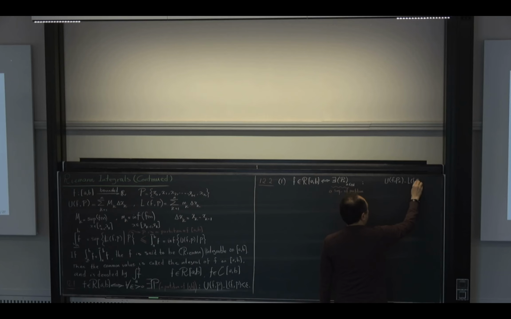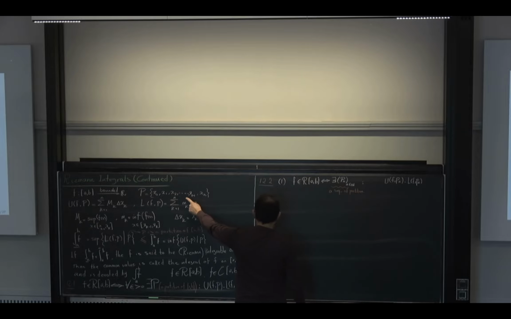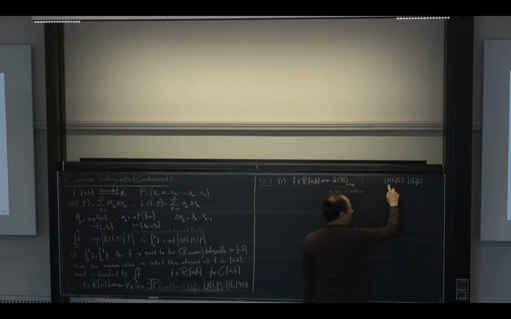When you subtract them, it becomes a real number. So this is itself a sequence of real numbers. This is a sequence of partitions, and partitions are sets, so these are sequences of sets, but this is a sequence of numbers. So I can talk about the limit of this sequence.